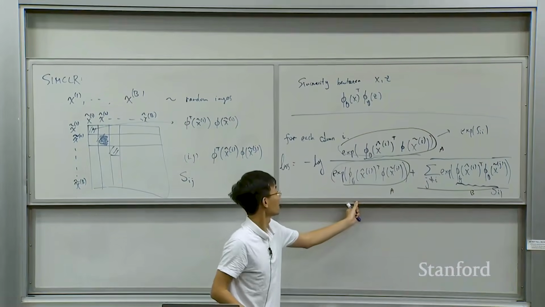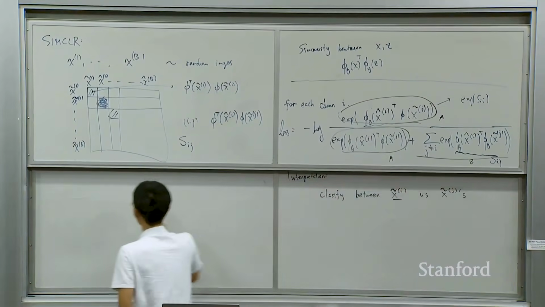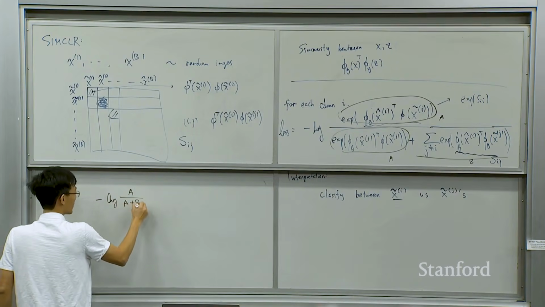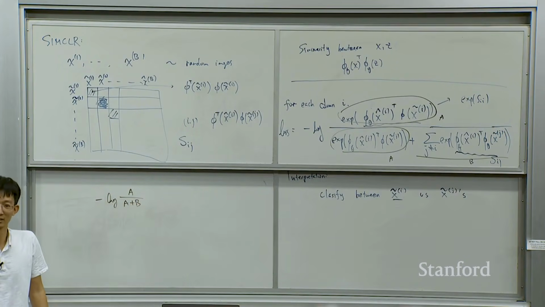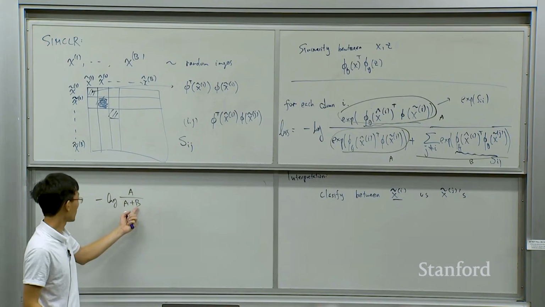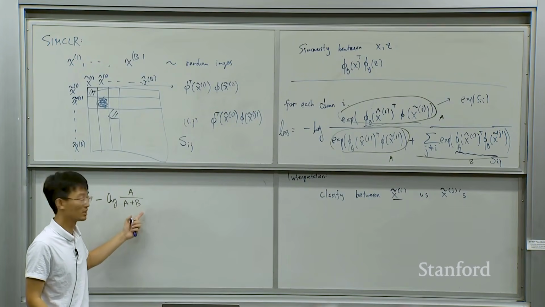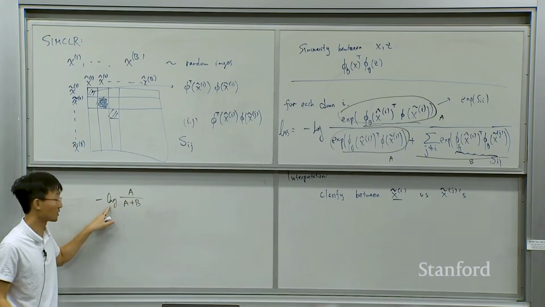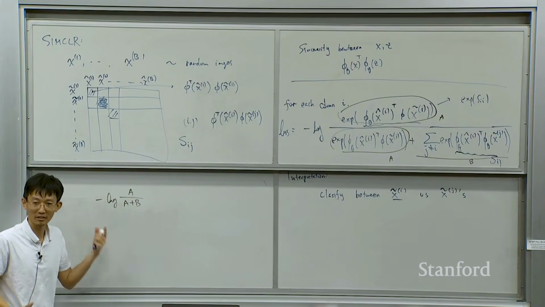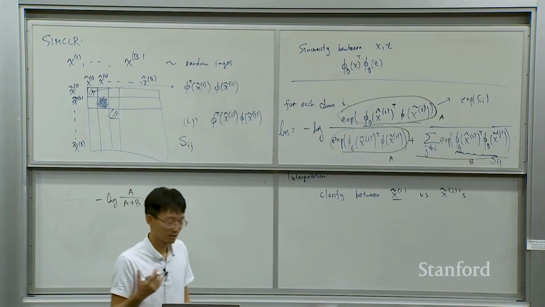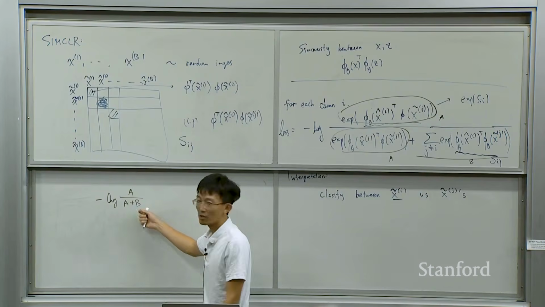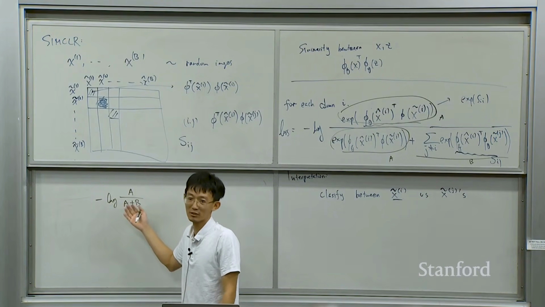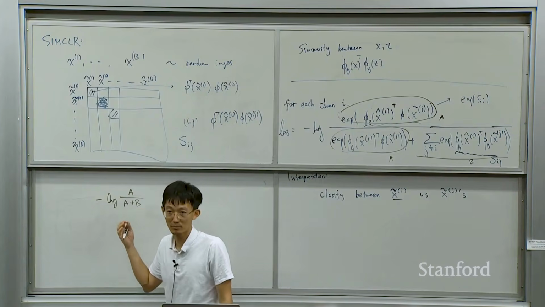Then your loss is minus log of A over A plus B. And we can just check the monotonicity in A and B. The monotonicity in B is very easy. If B is bigger, then A over A plus B is smaller, and with the log it is still smaller, and with the minus it is bigger. So it's monotone in B. If B is bigger, the whole thing is bigger. So basically, if you want the loss to be smaller, you want B to be smaller.